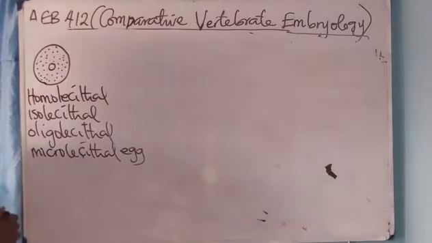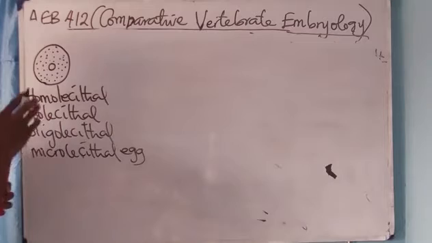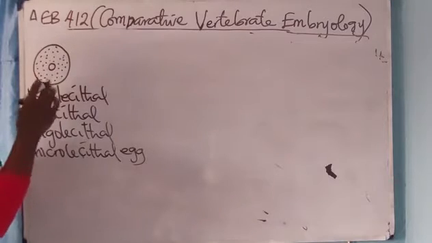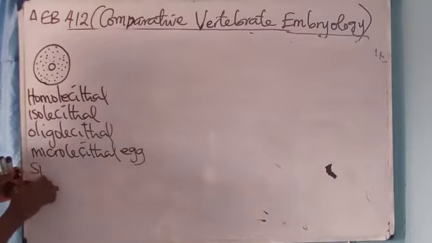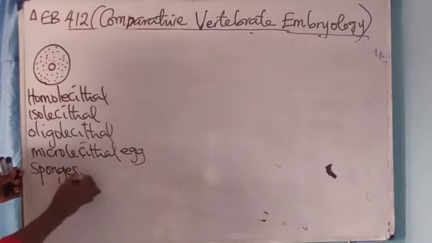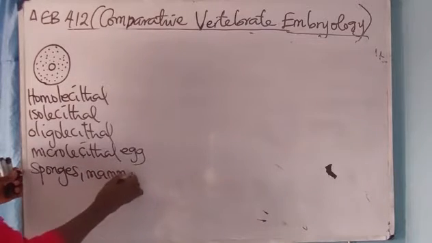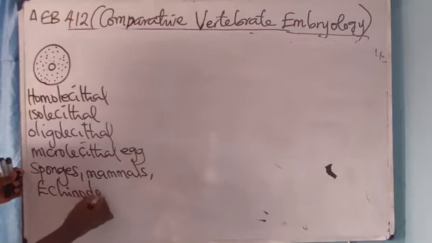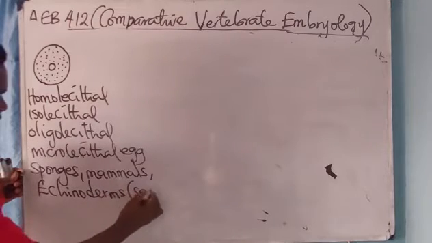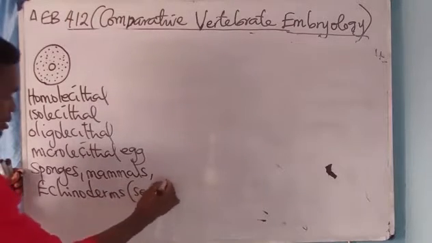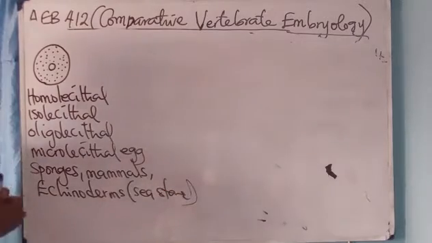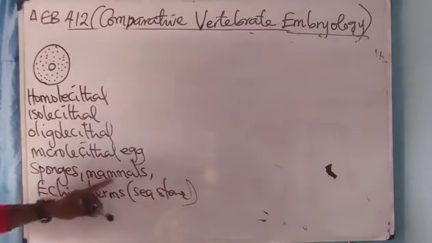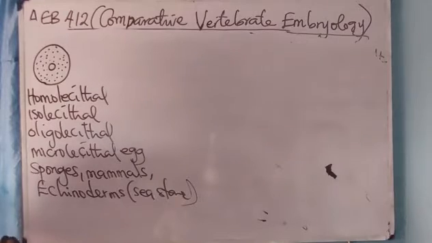And good examples of animals that possess this type of egg are sponges, mammals, and echinoderms, like the sea stars. Alright, sponges, mammals, echinoderms possess what? Homolecital egg. Take note of that.